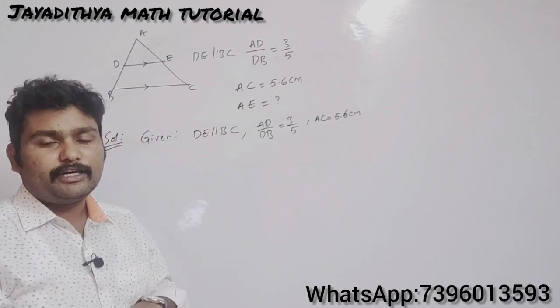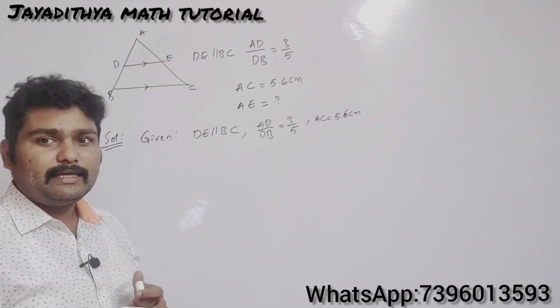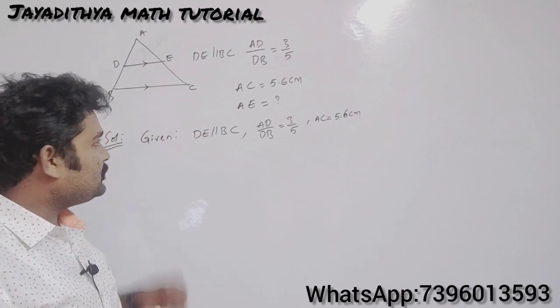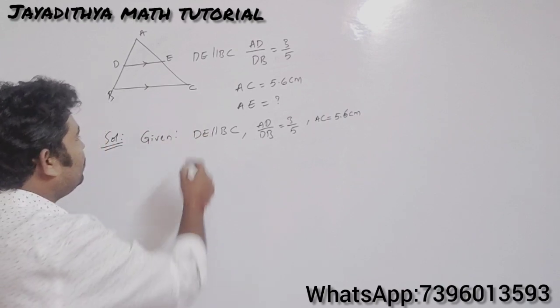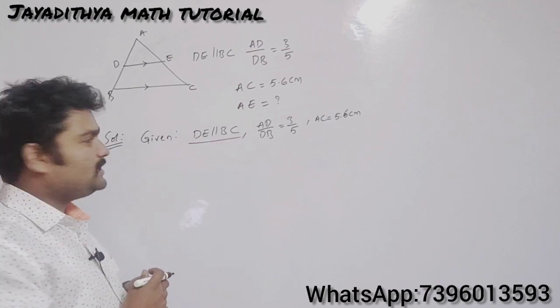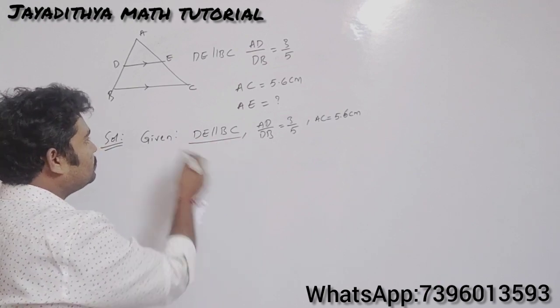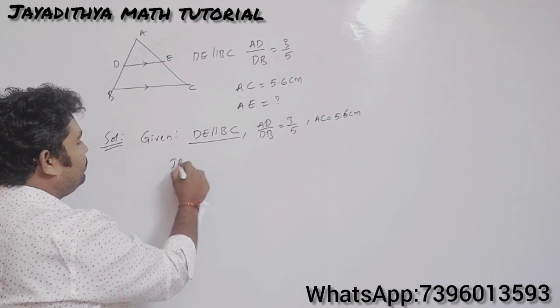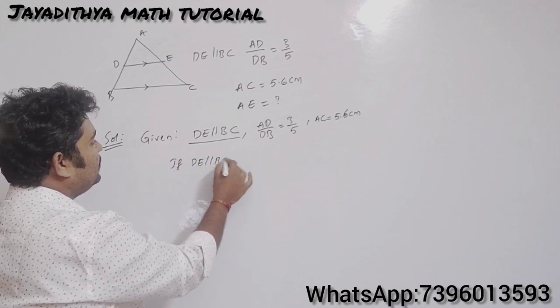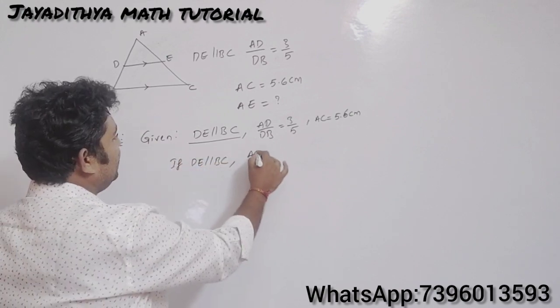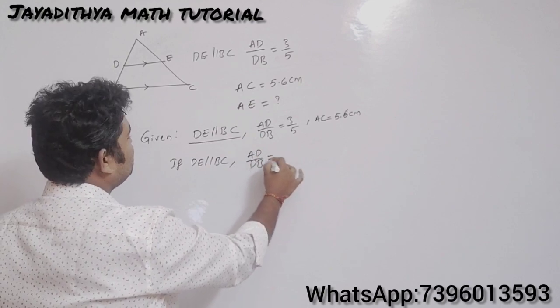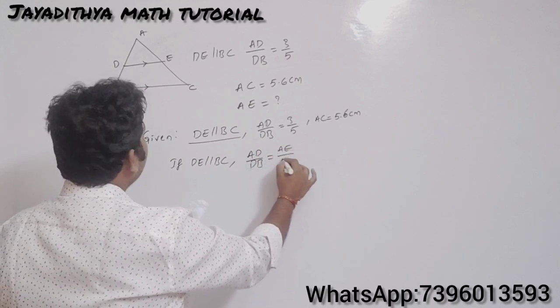Actually this question is not related to proof, but we need to find EC, the dimension of EC. So if DE is parallel to BC, what is the condition according to the basic proportionality theorem? If DE is parallel to BC, we can say that AD by DB must be equals to AE by EC.